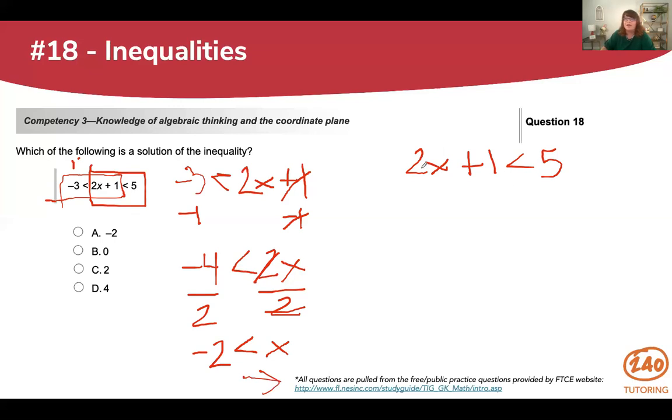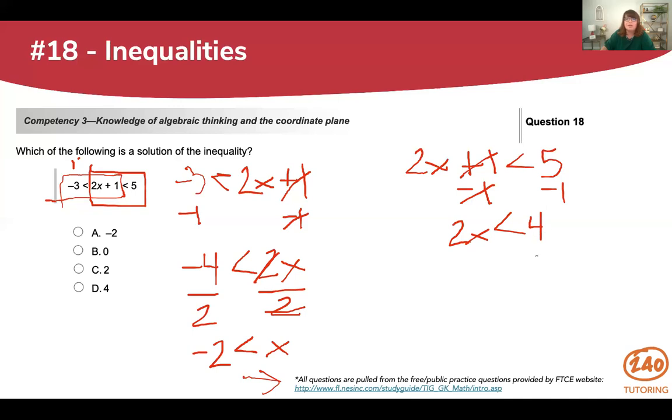Same principle: I'm trying to isolate that x. I'm going to do -1 on both sides. Whatever I do to one side, I have to do to the other. The +1 and the -1 cancel each other out. I'm left with 2x is less than 5 minus 1, which is 4.